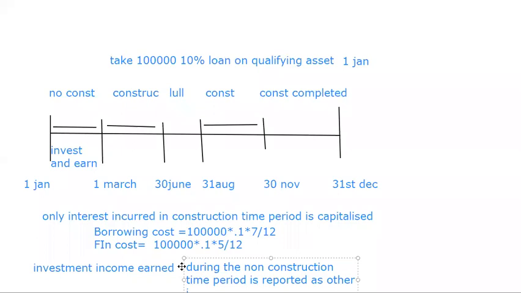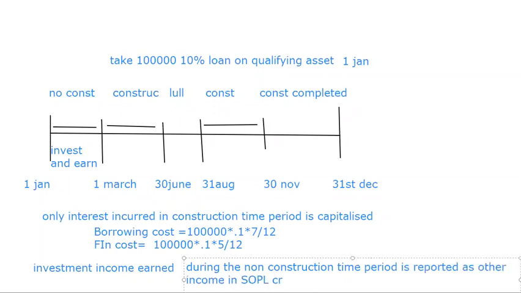other income in SOPL, as credit. Right? It is reported as credit separate, other income.